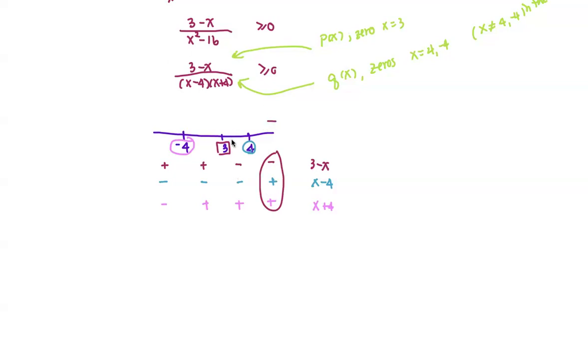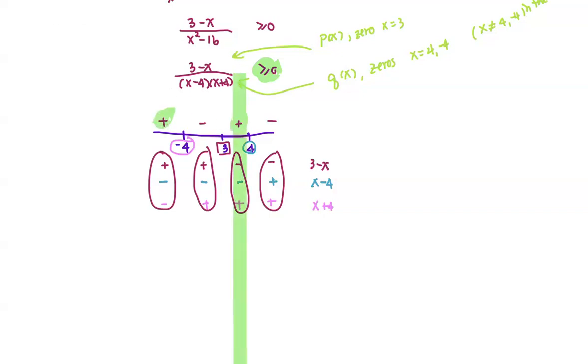And then between 3 and 4, the sign will be positive. Between -4 and 3, the sign will be negative. Between -infinity and -4, the sign will be positive. And we are looking for the sign that's greater than or equal to 0. Therefore, we're going to look for the sign that returns positive.